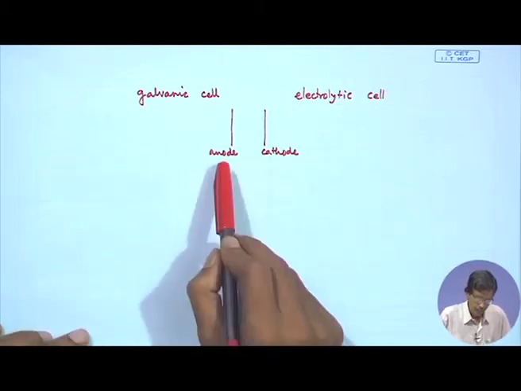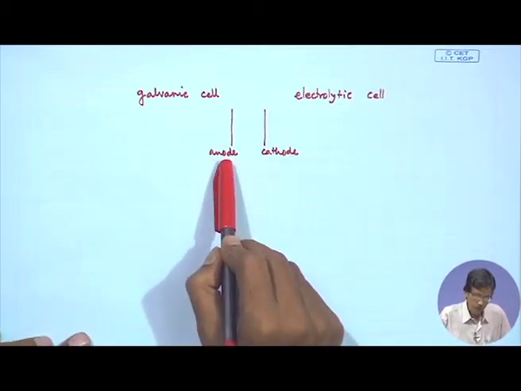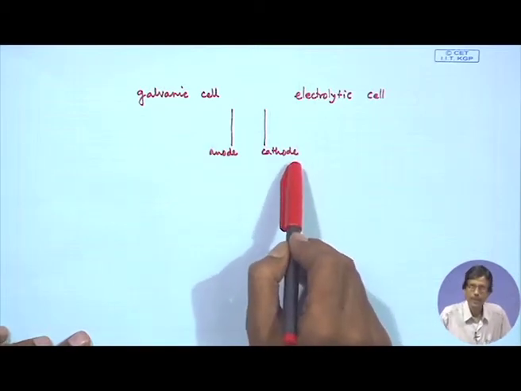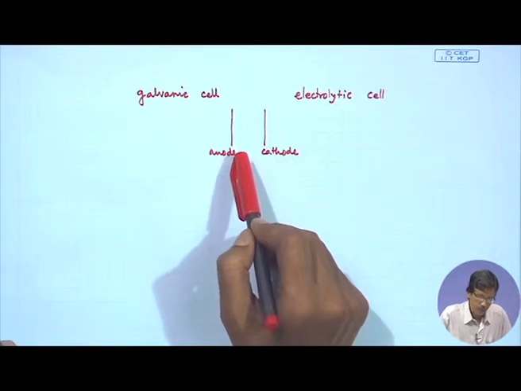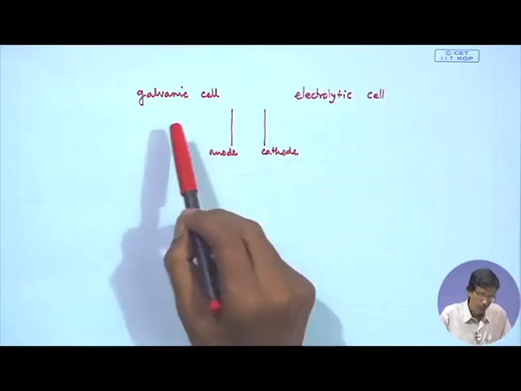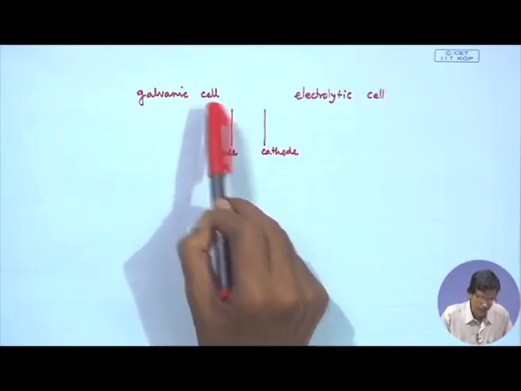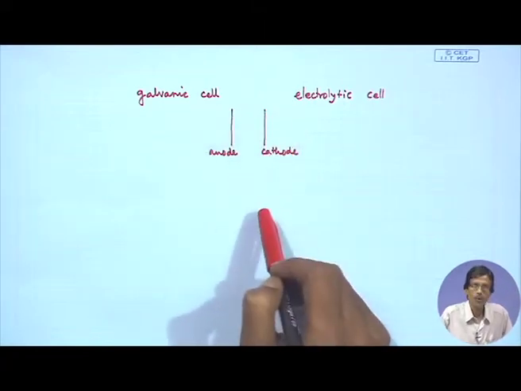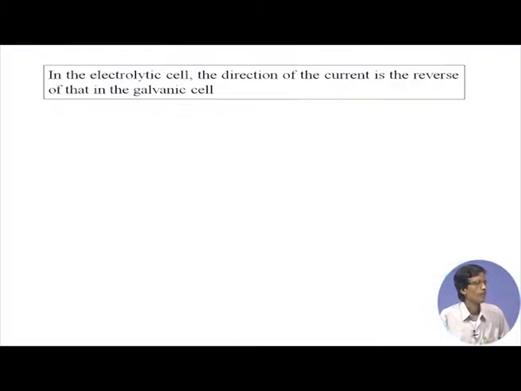In one particular case, the anode is for the oxidation and the cathode is for the reduction. But if we do it in a different way, that means if we draw electricity from the galvanic cell, the anode will supply the electron and the cathode will accept that electron.